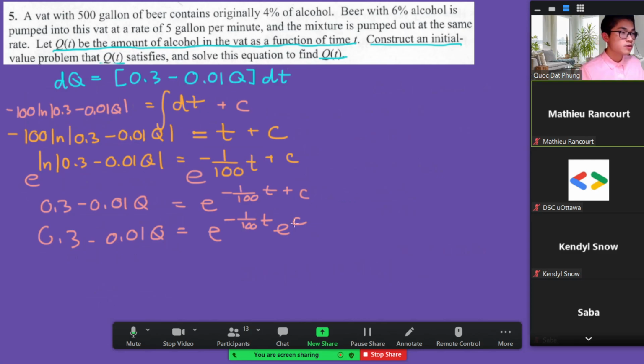We're going to generalize this into k. So let k be equal to e to the power c, and k is larger than 0. And why do we do this? Well, that's because we want to solve for q. And here we have 3 variables: q, t, and c. So there's a way to simplify it, which is to make it k, and then we solve for k.